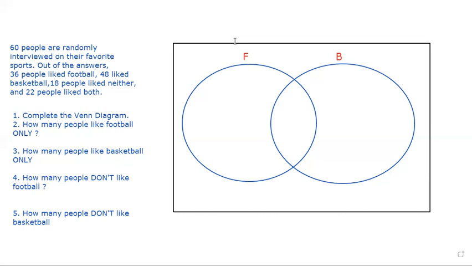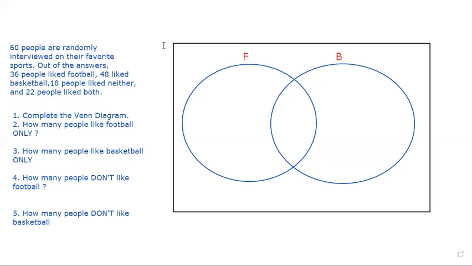And then 22 people like both of them. So we just have a few simple answers that we want to look at and see how we want to solve this one. All right.